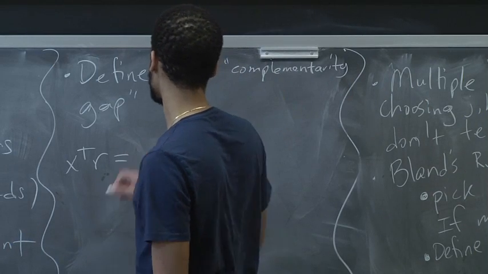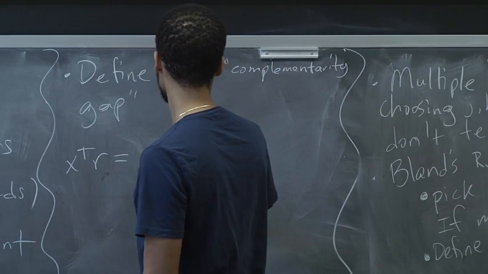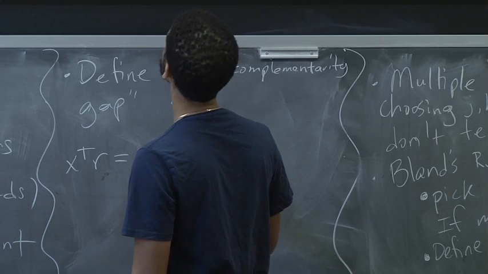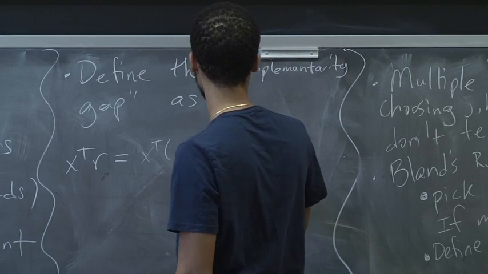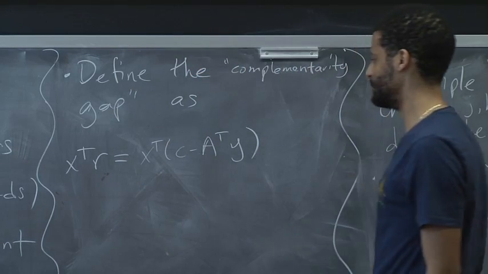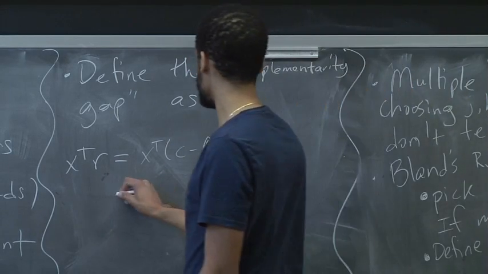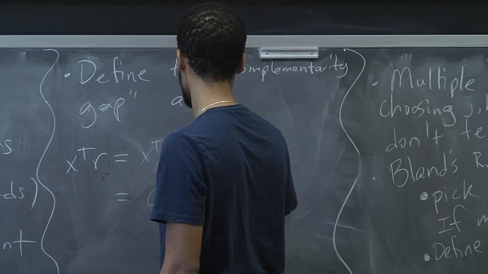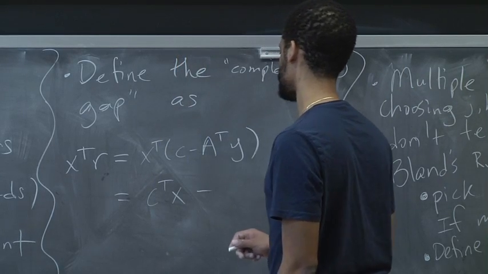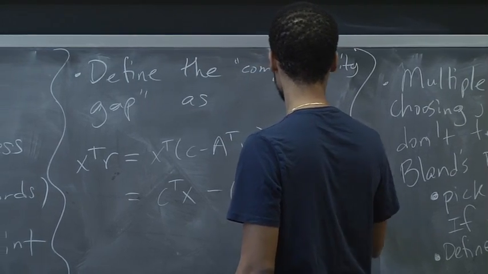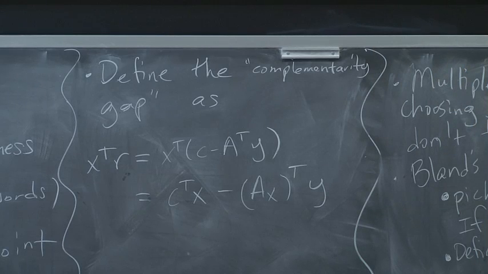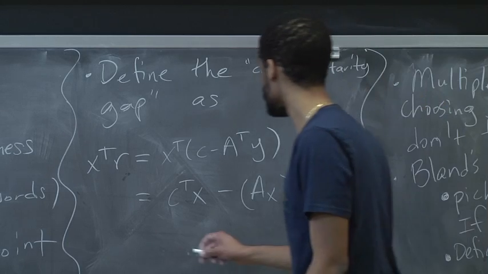Notice that's just X transpose (C minus A transpose Y), which is C transpose X minus (AX) transpose Y. And AX is equal to B if X is feasible for the primal.